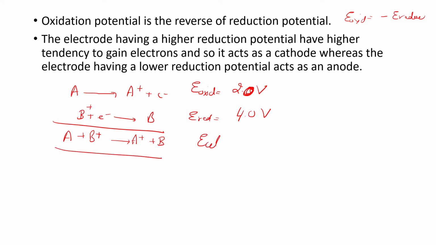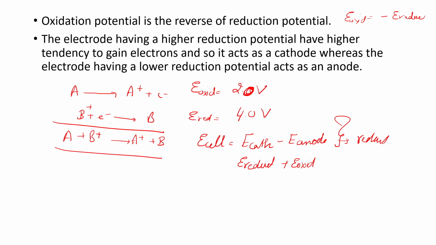For the overall reaction, the cell potential is basically E cathode minus E anode, or you can say E reduction plus E oxidation. The values written here should be in the reduction form only, so the E oxidation will be written as E reduction, that is minus 2.0 volt, as E oxidation is equal to negative E reduction.